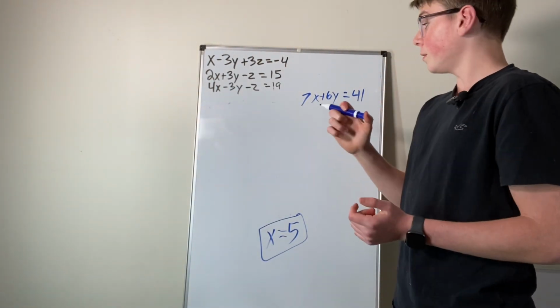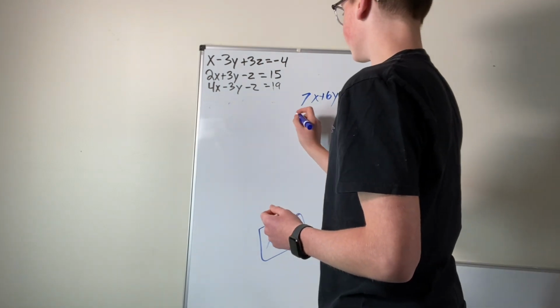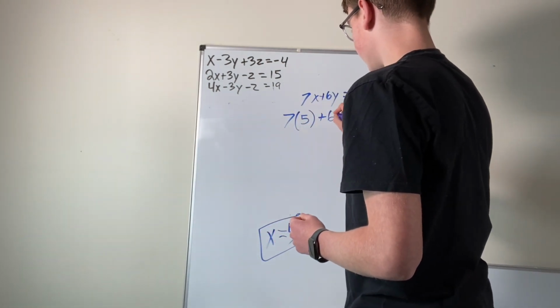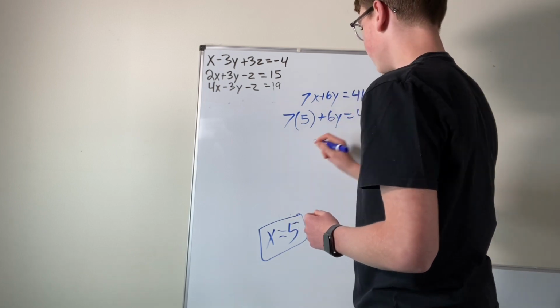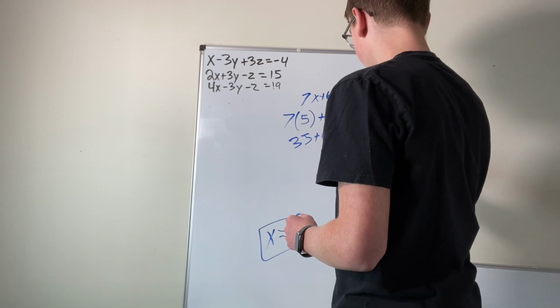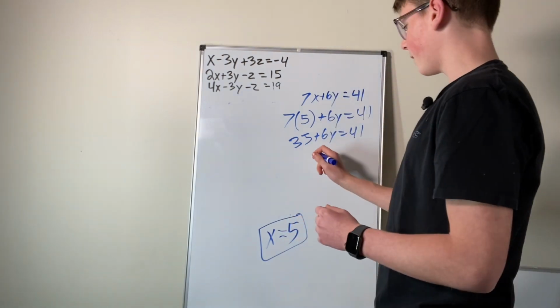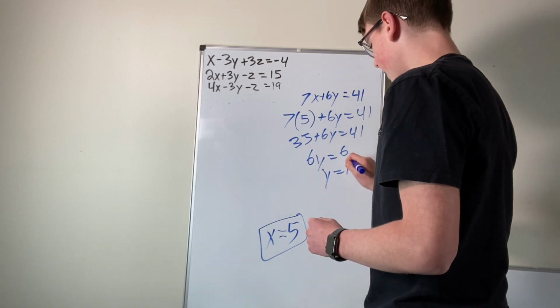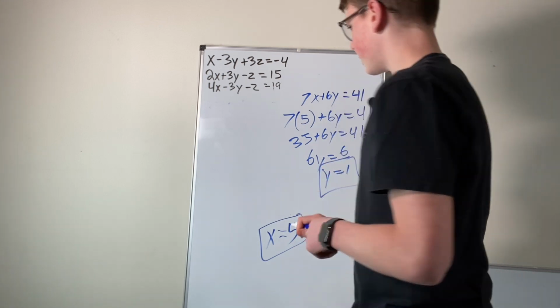Now what? Well, we can just substitute our 5 in. 7 times 5 plus 6y equals 41. So 35 plus 6y equals 41. Move the 35 over. 6y equals 6. Y equals 1.